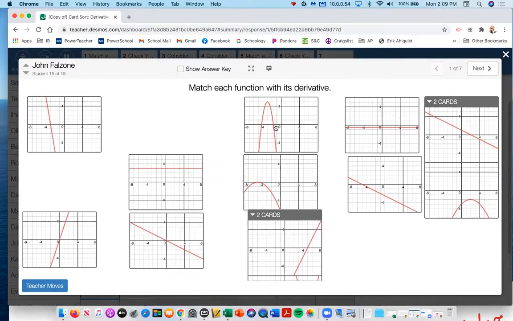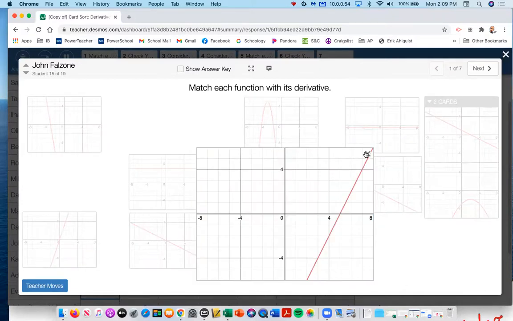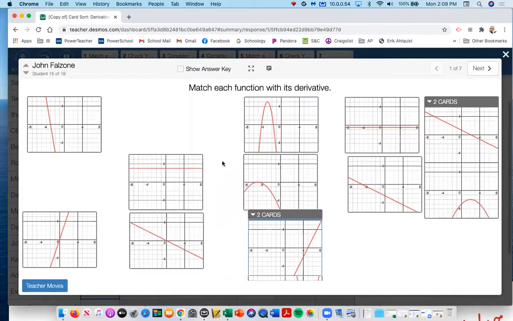The one right below that. To the right. Yeah, that one and the one to the right. So this one and this one here, would those two go together? I would agree. Because it's going from increasing to decreasing.